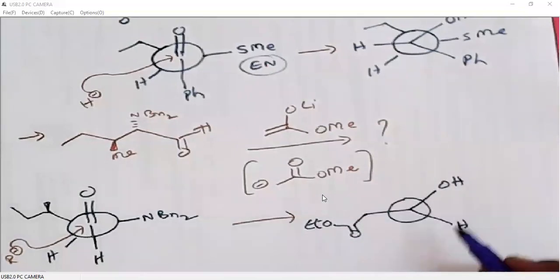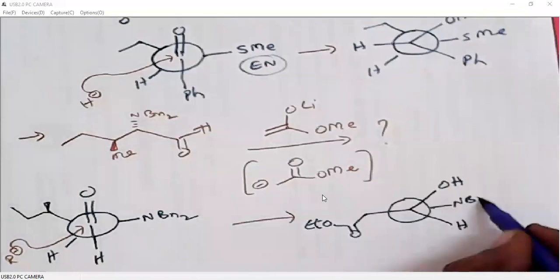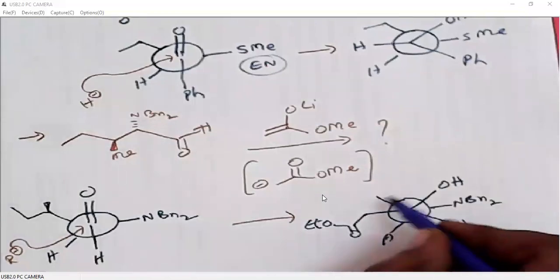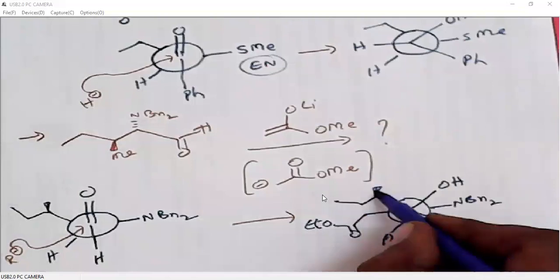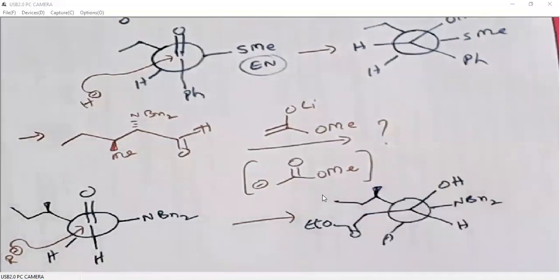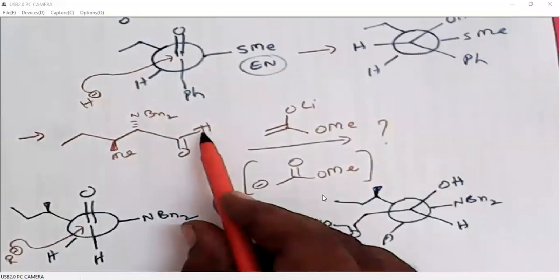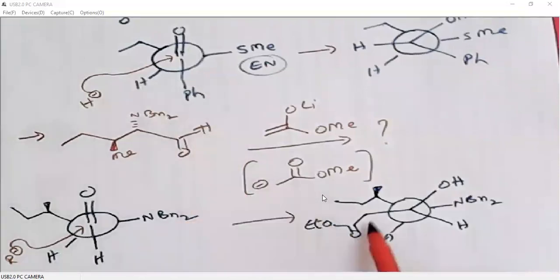Then NBn twice, hydrogen, and we have a group here. So in the product, what must be written in the plane? Of course, hydrogen cannot be written in the plane. So whatever group we are getting, this must be written in the plane.